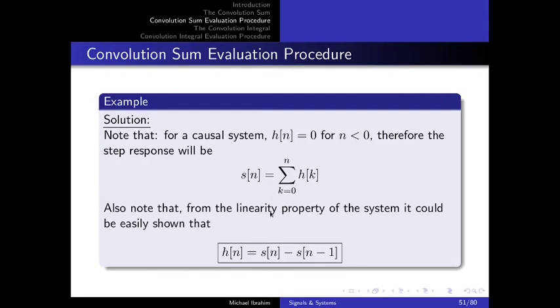And also from the linearity property, we can see that S of n minus S of n minus 1 is equal to h of n. In order to understand this equation, let's go to our whiteboard for a second.